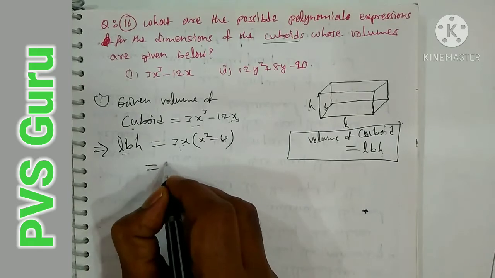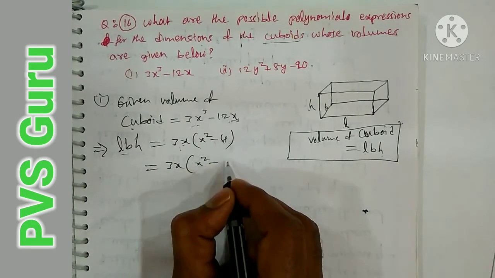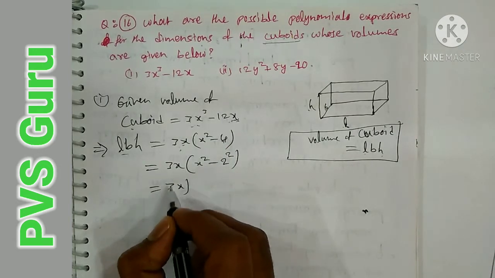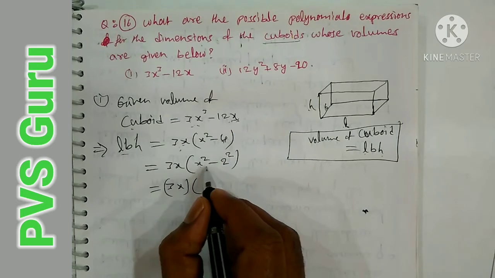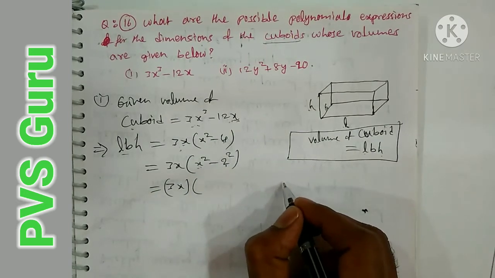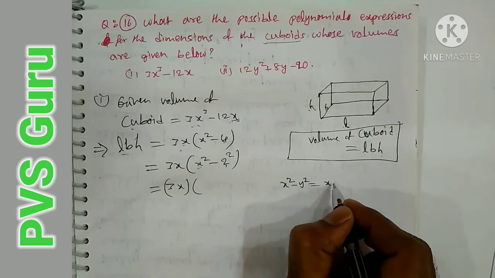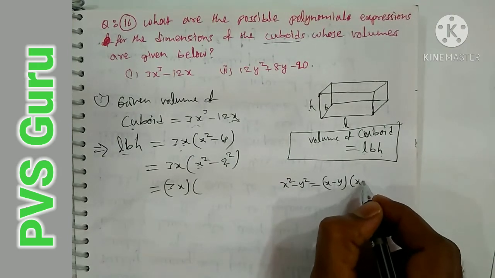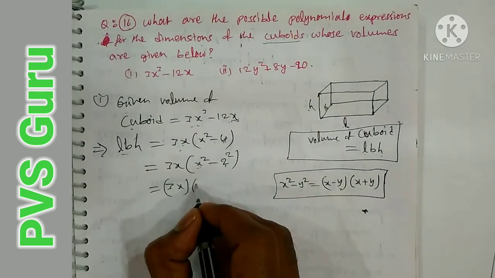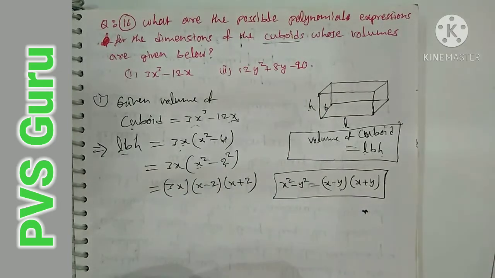So this is equal to 3x into x square minus 4, write 2 square. This is 3x into x square minus y square formula. As per the identity, x square minus y square is equal to x minus y into x plus y. This is the formula. So by using this formula, this is x minus 2 into x plus 2.